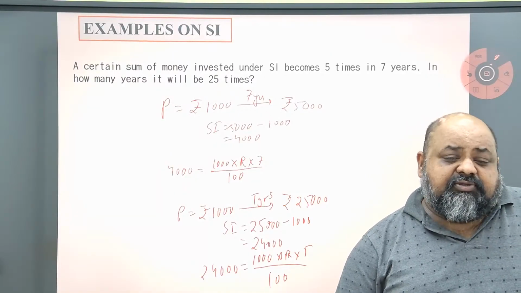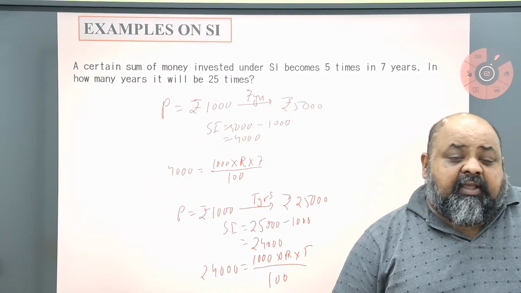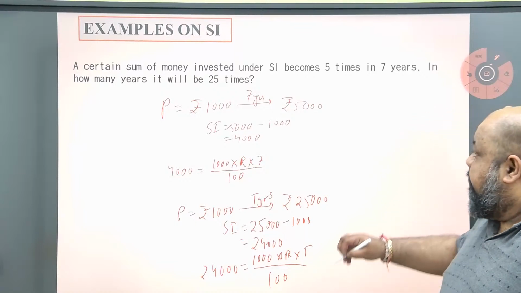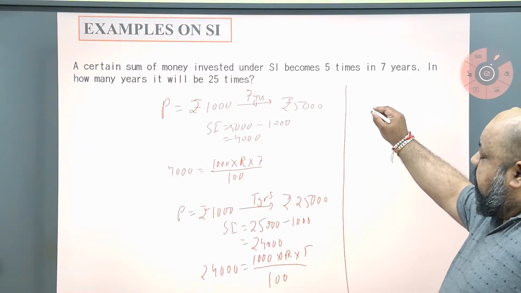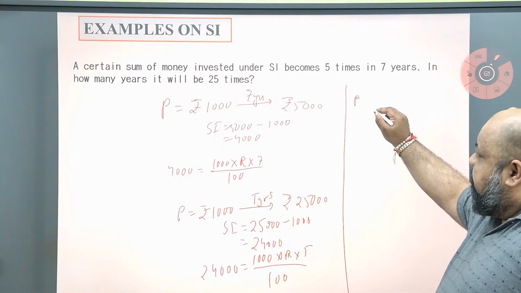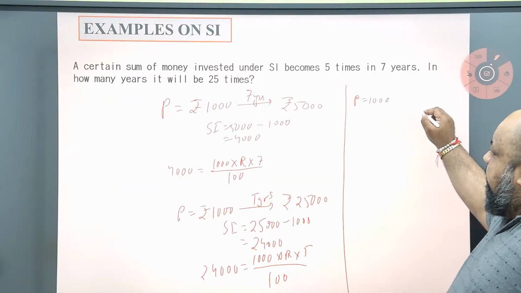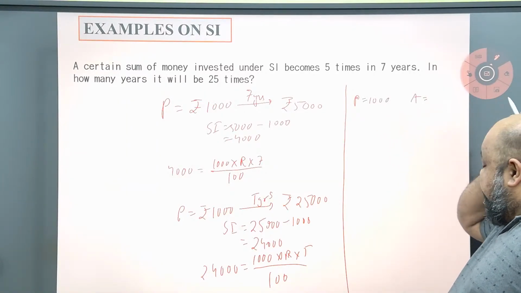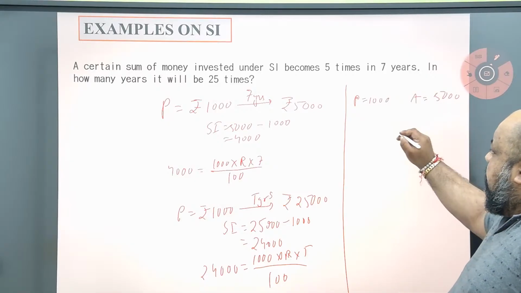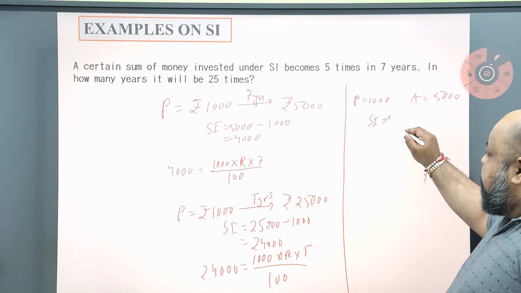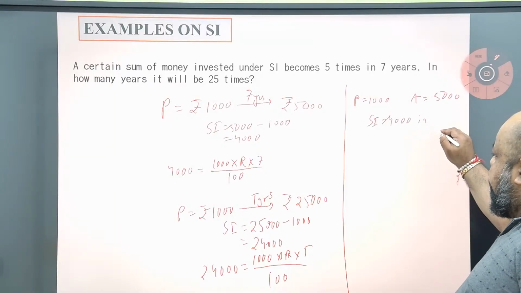How we solve it is using the concept of SI, where we say that SI remains the same every year. So here, if I look at it, see, principal was 1000, amount was 5000, which means simple interest of 4000 in 7 years, according to the question.